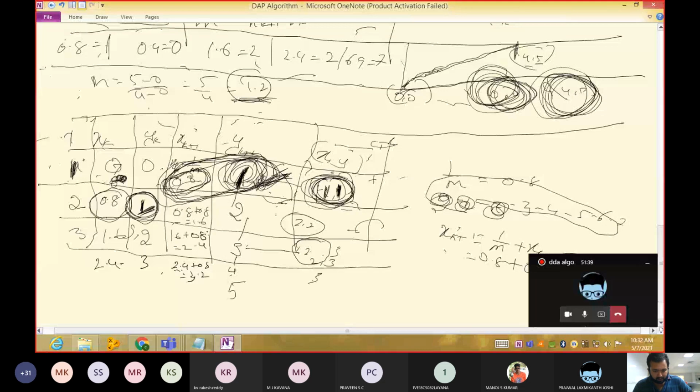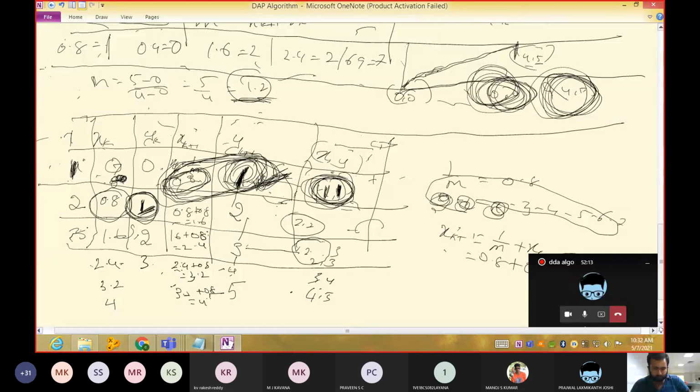Next it will be 3 comma 4. Next, 3.2 plus 0.8 is 4, and y is 5. Here you are going to get 4 comma 5. Is this clear? Go through this one.